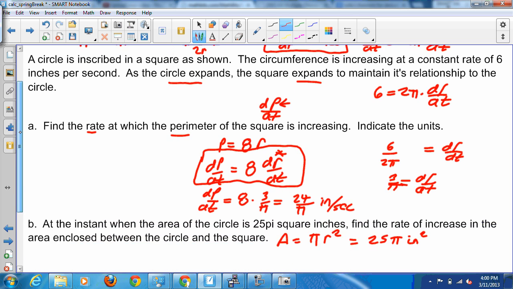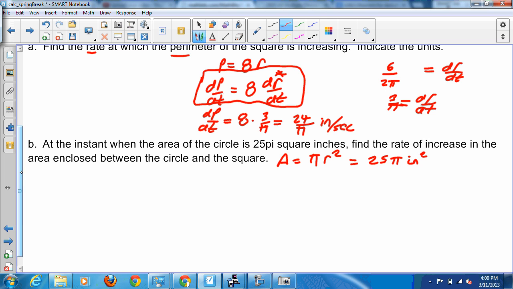Alright? Okay. So what can we do here? Let's take the derivative of the area. Well, let's write the equation again. So we have the area is 4r squared, that's the square, minus pi r squared, and that's the circle.